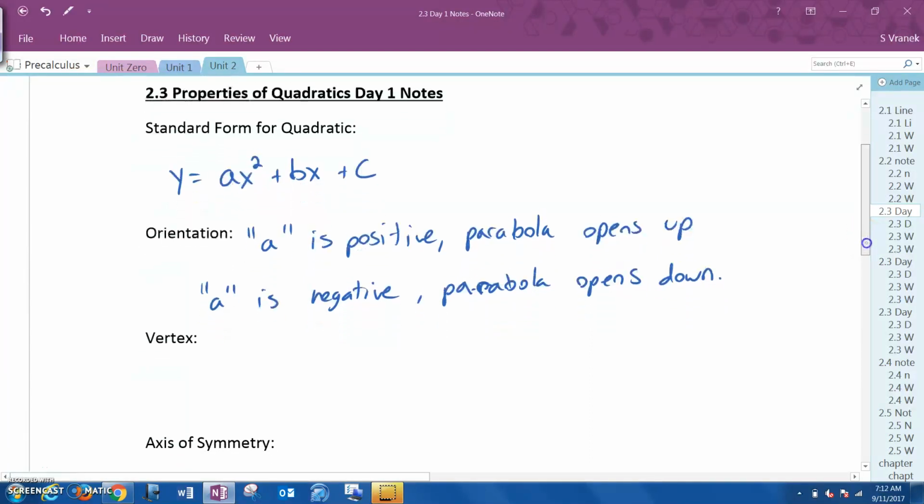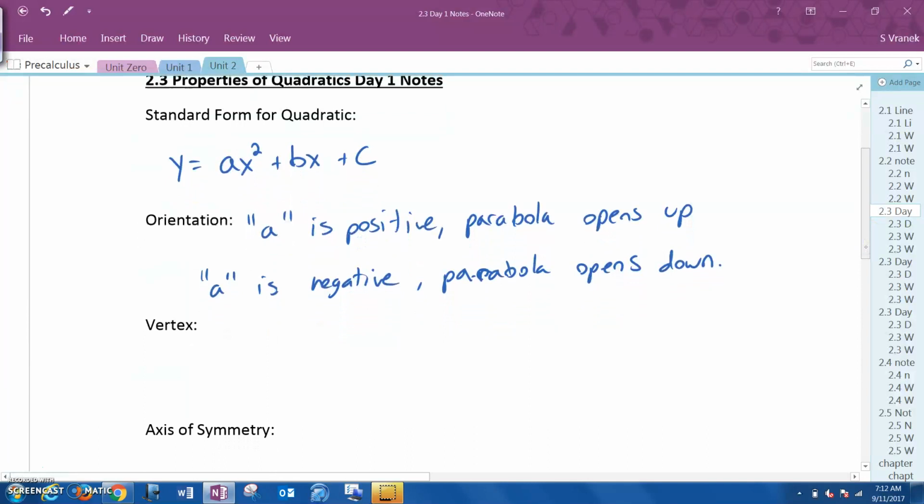To find the vertex of a quadratic equation, or a parabola I should say, you want to use a formula, and this is derived from completing the square, but we're not going to do that right now. To get the x value, it's the opposite of the b value over 2 times a. And that's the x coordinate of the vertex.